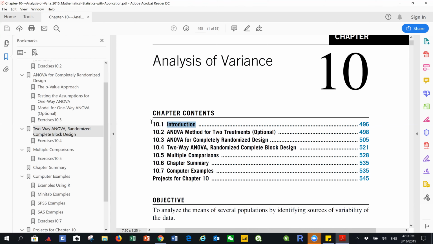If you go to 10.2, you can see that if we use ANOVA to test two treatments, that means two different means, it becomes a special case of ANOVA, and it will be just the t-test.